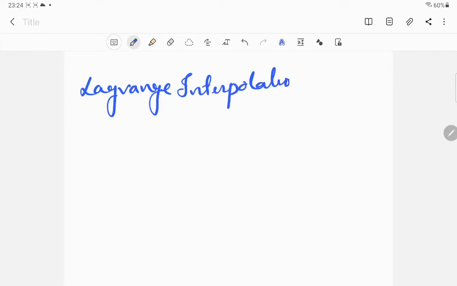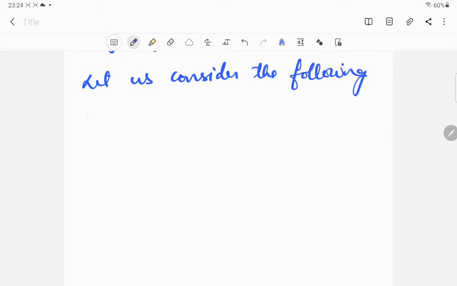Now let us move into the main topic. Let us start with interpolation for unevenly spaced or unequally spaced data. That method is nothing but Lagrange interpolation. Let us consider the following data.